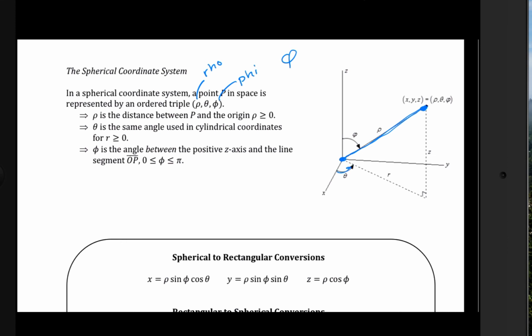As I mentioned, our theta is the same theta. It's the measure from the x-axis. And then phi is the measure of the angle that goes from the positive z-axis to, you can think of it as a vector, the line segment that is drawn from the origin to the point in question.